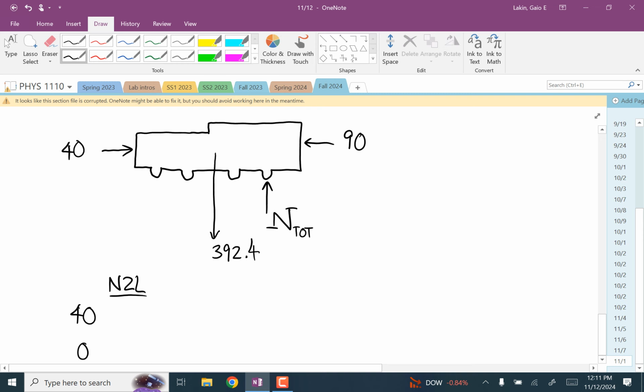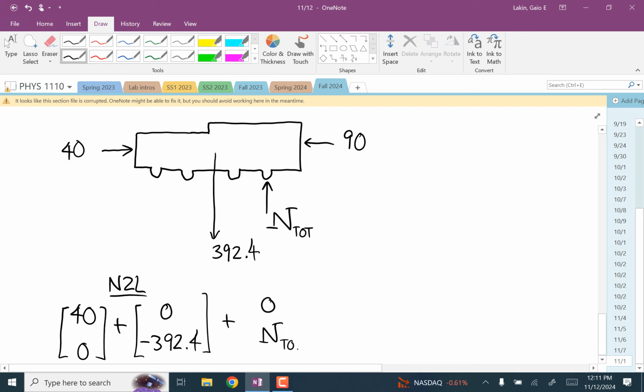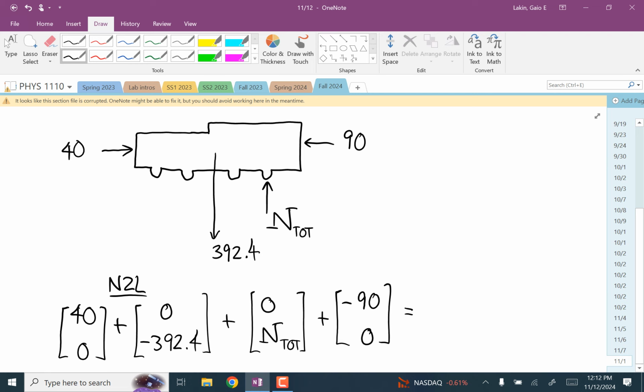We have 40, 0, plus 0, negative 392.4, plus 0, N total, plus negative 90, 0, and that's equal to the mass times the acceleration. Is this thing free to move along the X or Y direction?